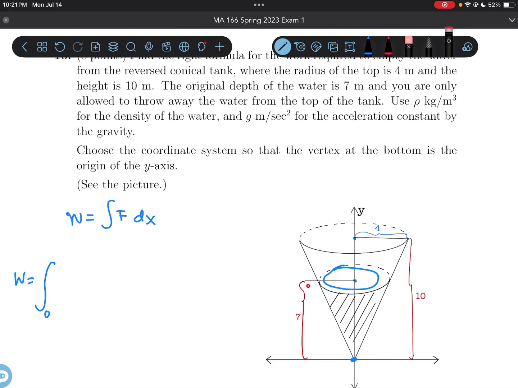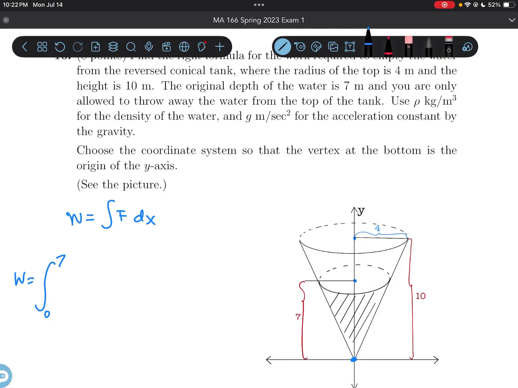However, the water is only up till 7 meters. So we're only moving 7 meters of water. So the upper bound is 7. And that actually gives us the answer right away. But for the sake of understanding this problem, I'm gonna explain it all out.